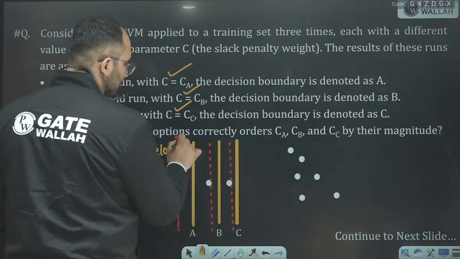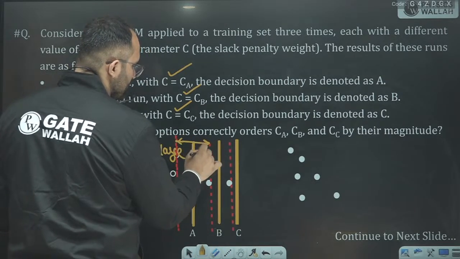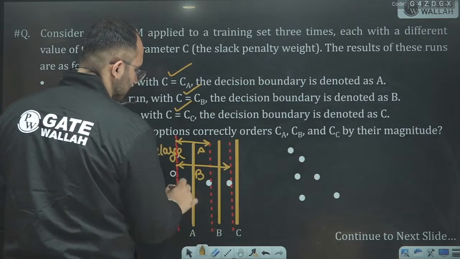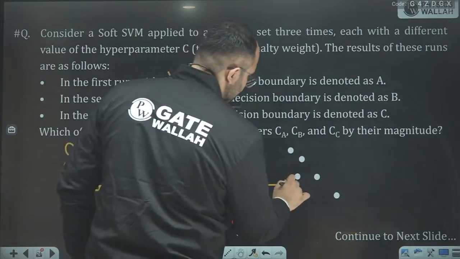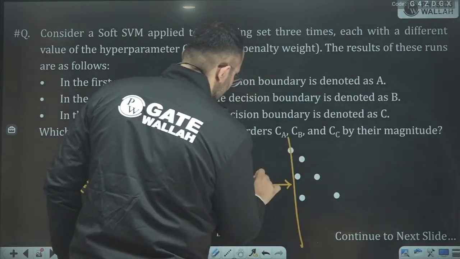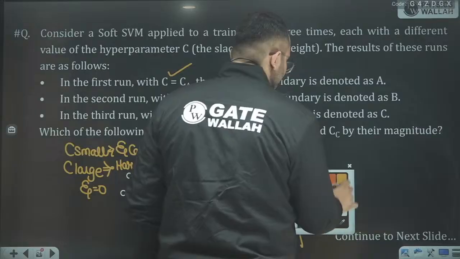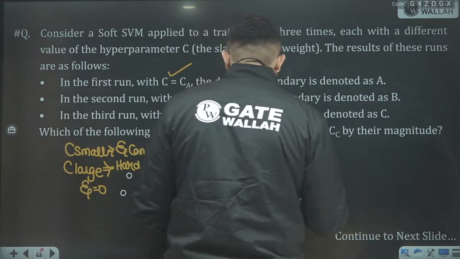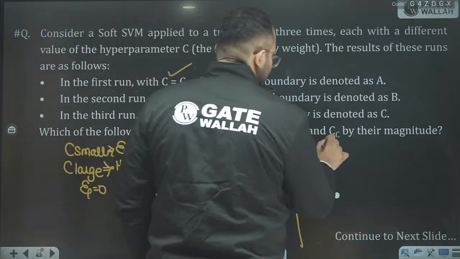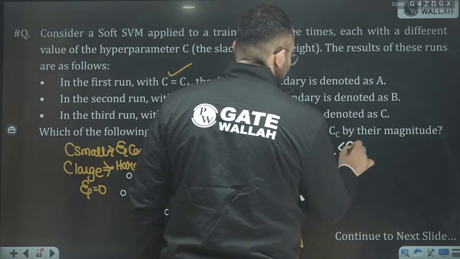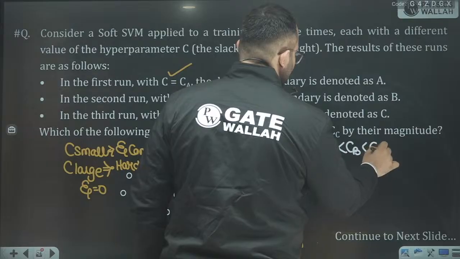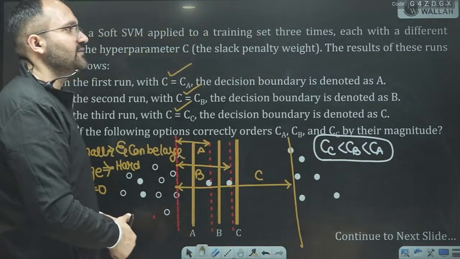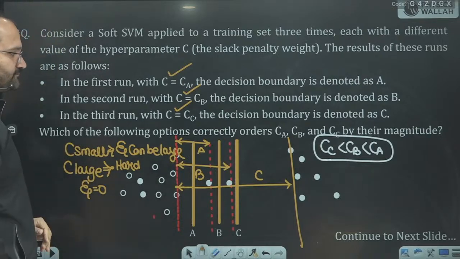This is the margin for A, this is the margin for B, and this will be the margin for C. So here we can see that for case C we have a very large margin, but we have more errors. So CC will be very small, CB will be larger and CA will be largest, because CA is the same as the hard margin SVM.